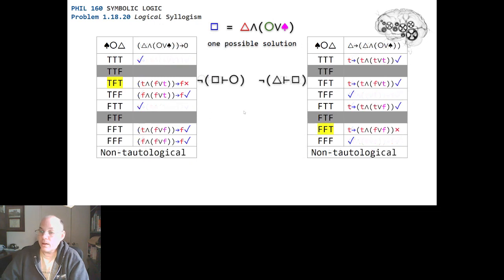So let's look at now the non-tautological requirements. And this is where the value of spade does have an influence.